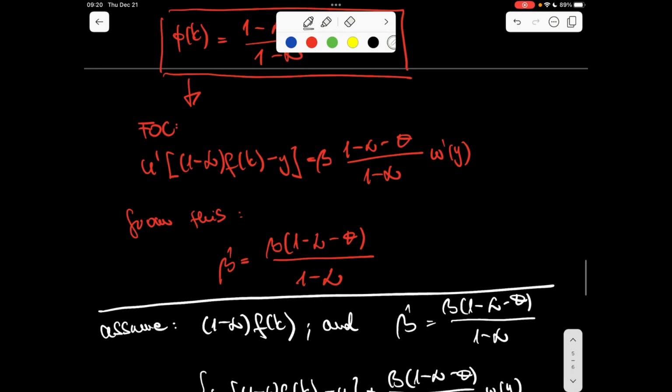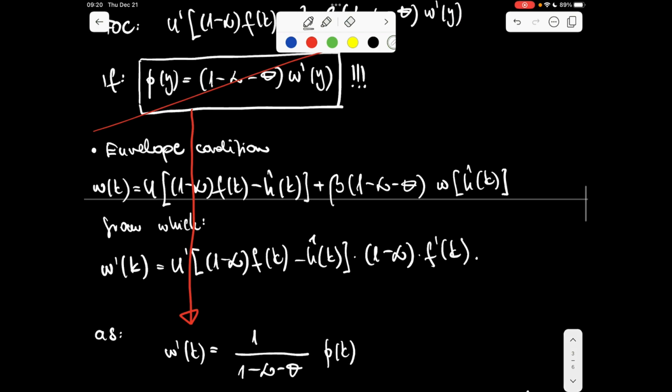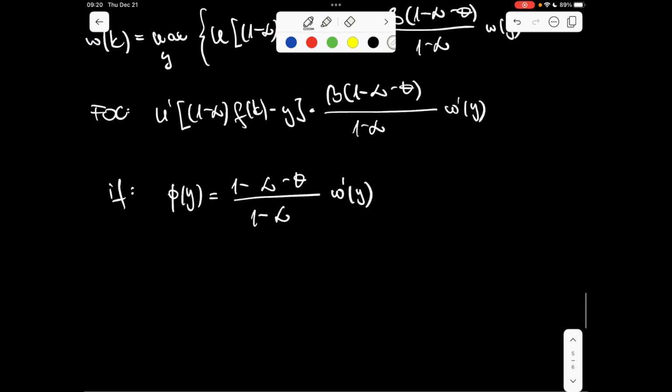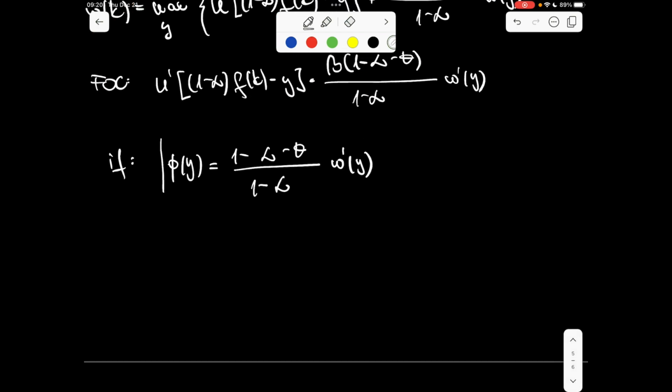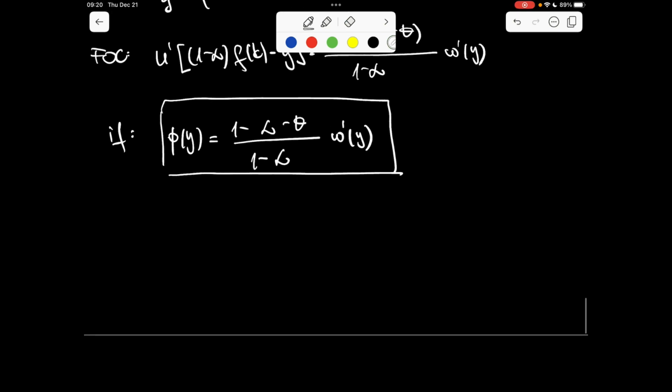So just like previously, we have a relationship between the two problems. So now we assume that this relationship holds, and we proceed on the basis of this assumption to check if the analogy, the similarity between the two economies holds.